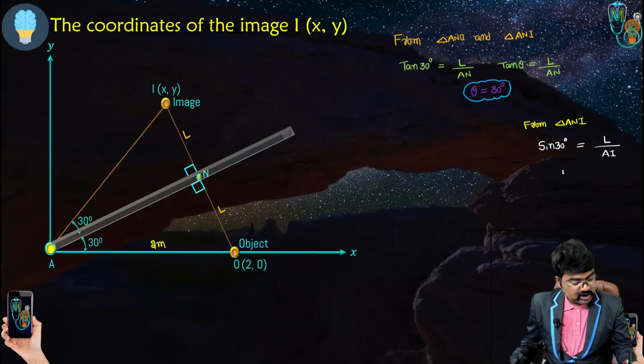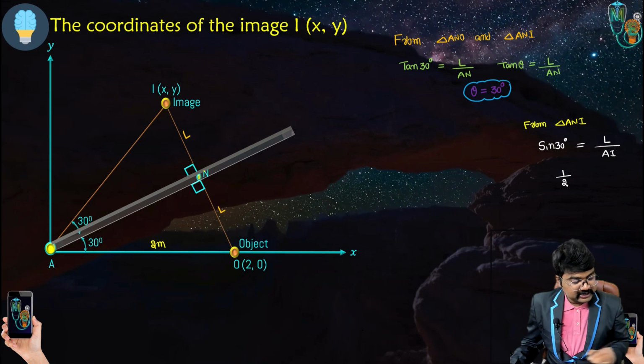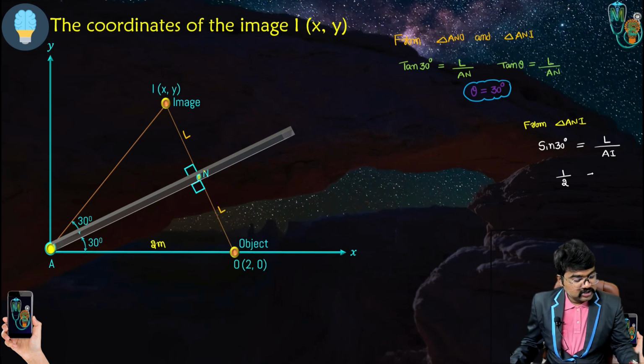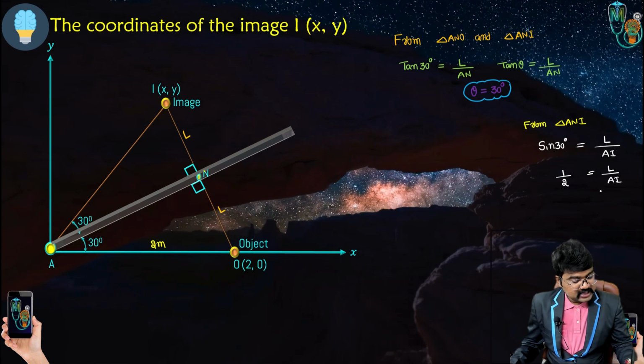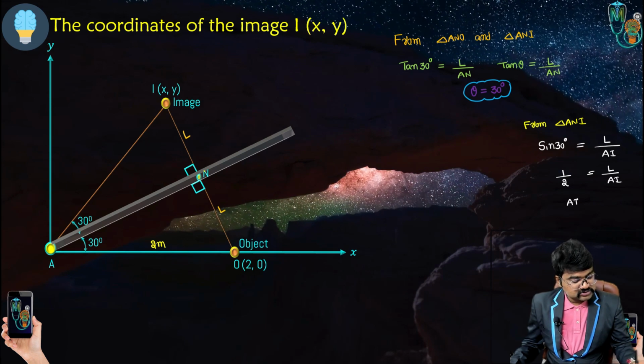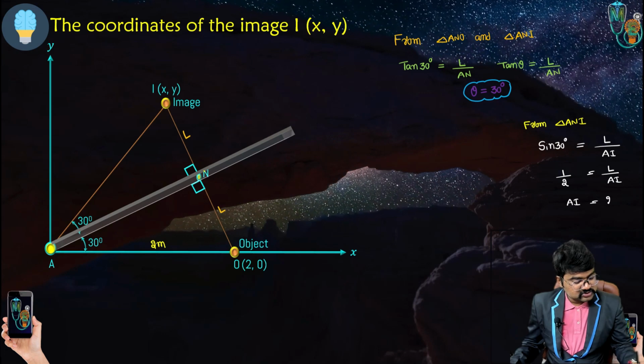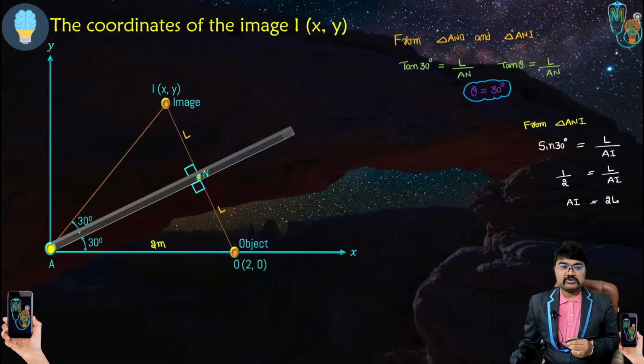So 1 by 2 equals L by AI. AI equals 2 times L.